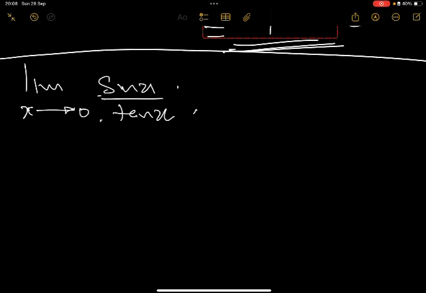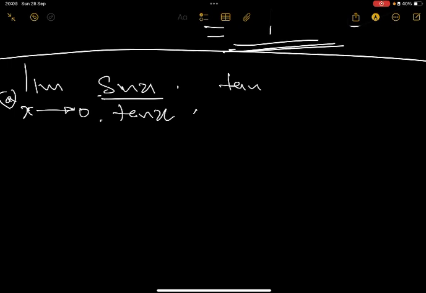The first step is to do the substitution method. If we substitute sine of 0 and tan of 0, we'll get 0 over 0, which is undefined. So we have to make this whole function defined. How do we make this function defined? We have to use the trig.